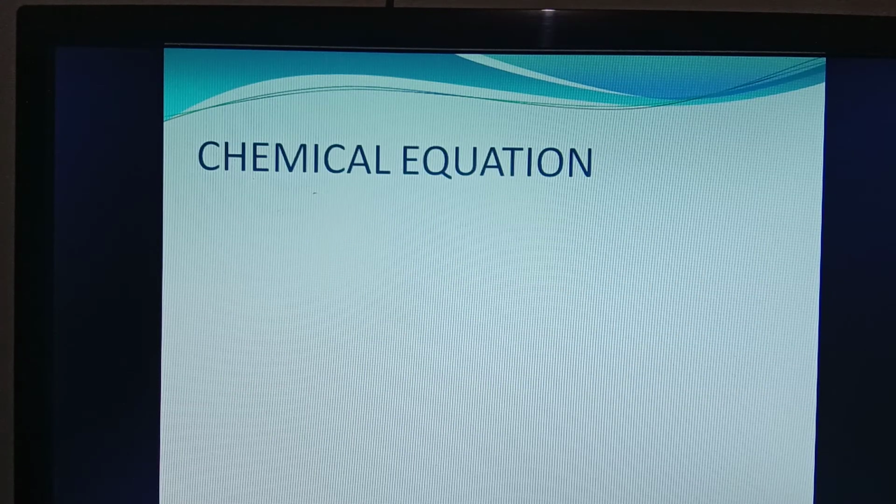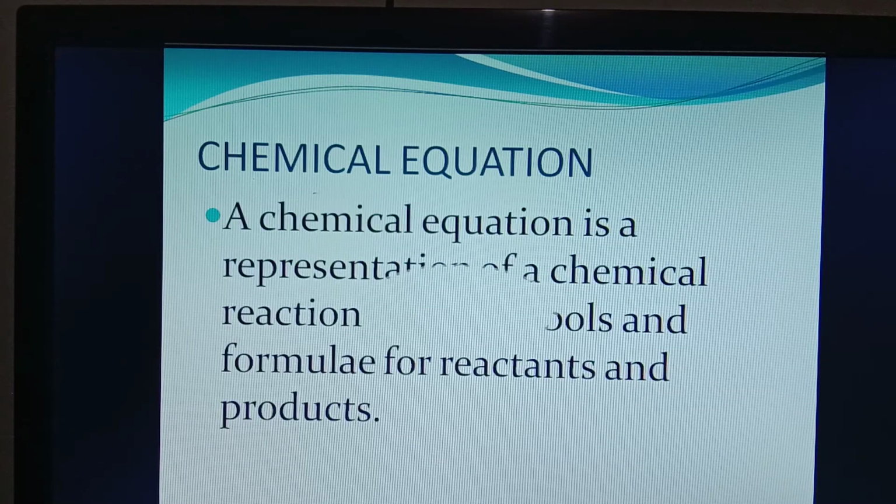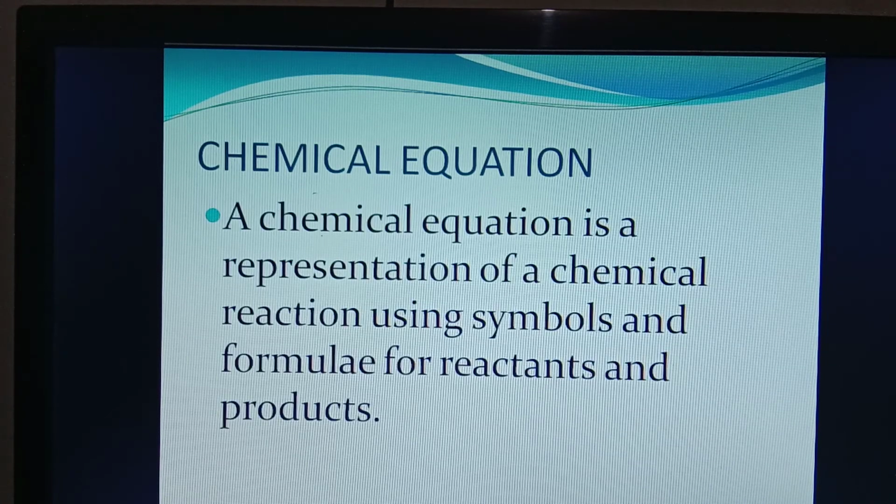And chemical reactions can be represented with the help of chemical equations using symbols and formula. A chemical equation is actually a representation of chemical reaction using symbols and formula for reactants and products.